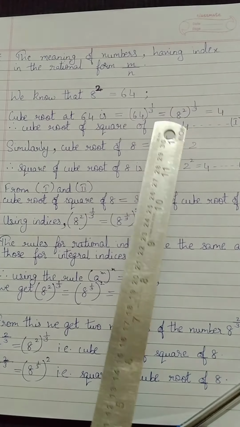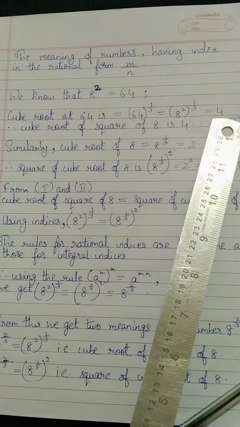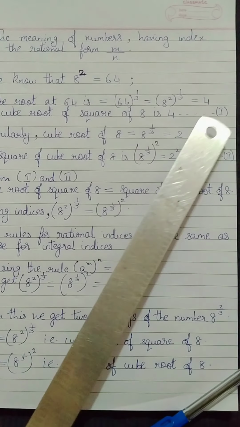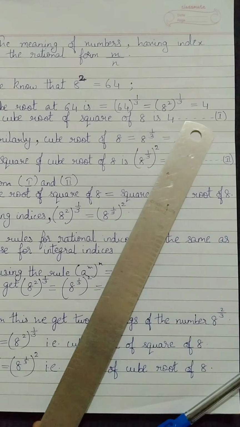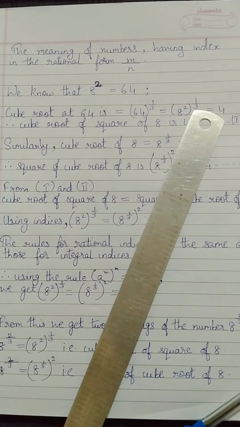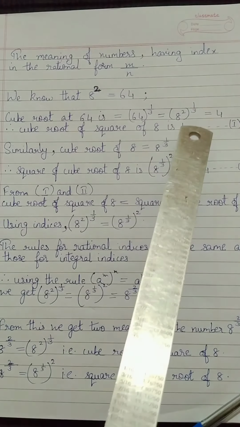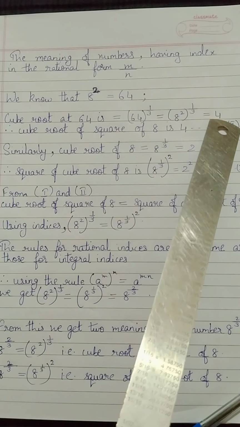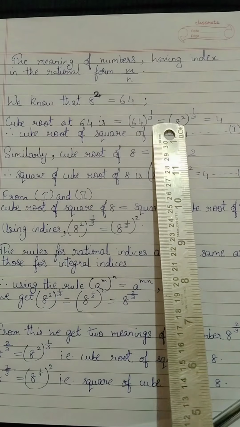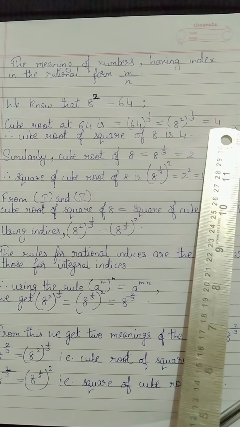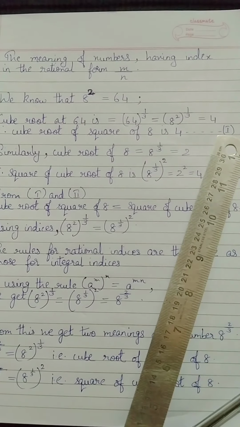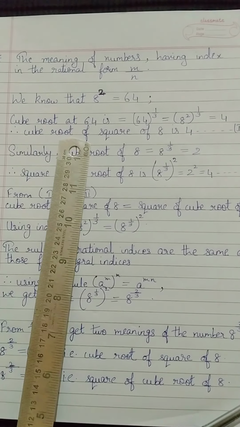So 3 times 2 gives 8, and now we have to get 4. That is 2 square is 4, because we are moving this square to that side. So the number which we are multiplying 3 times is 2, and 2 square is 4. So the cube root of the square of 8 is 4.